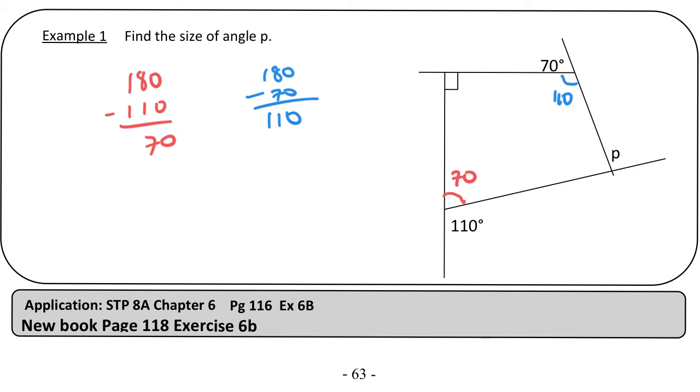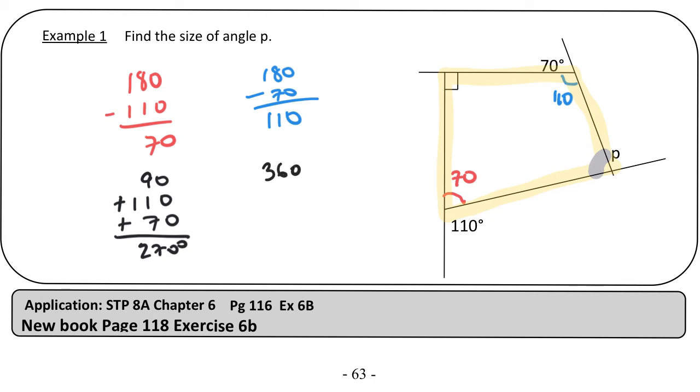So what that's helped us to work out is that we've now got a quadrilateral, and we know the angles inside a quadrilateral add up to 360, and we know 3 of them. So once we know 3 of them, we can work out the 4th one. So we need to do 90 plus 110 plus 70, and we get 270 degrees.